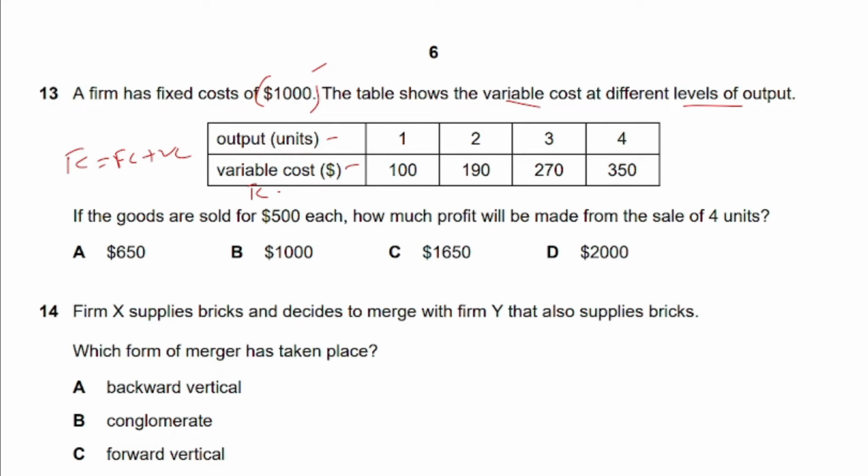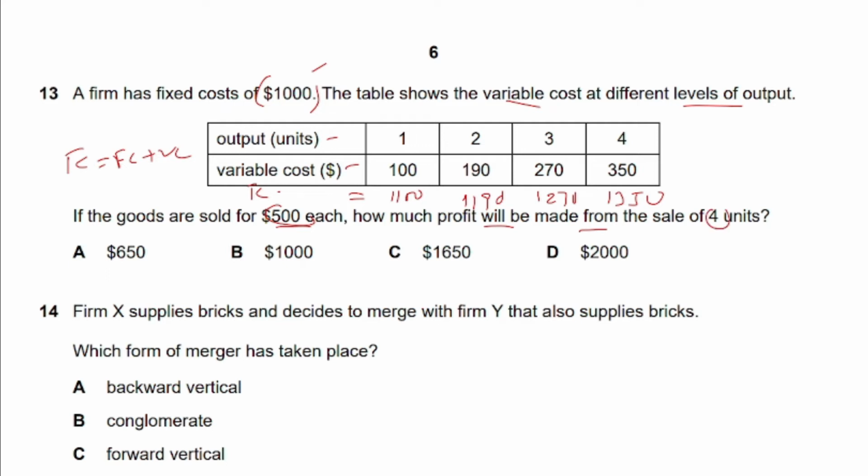So 1000 plus 100 gives us 1100 total cost, and 190 plus 1000 is 1190, 1270, 1350.